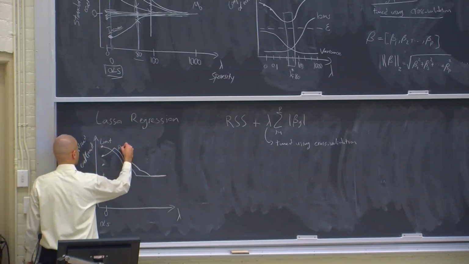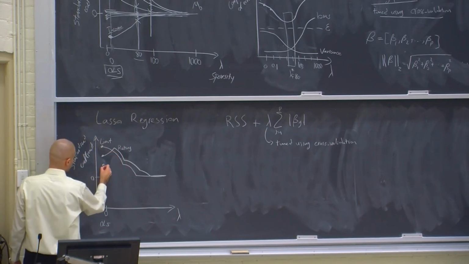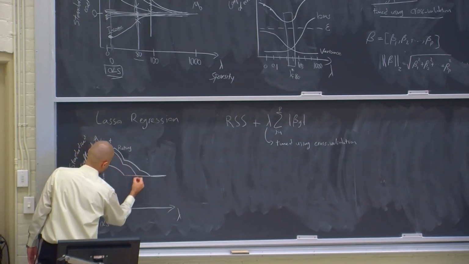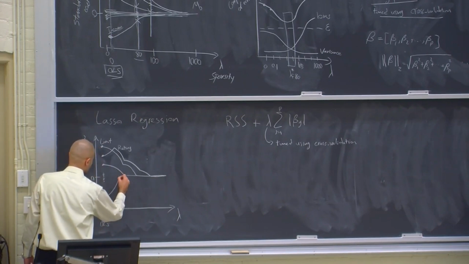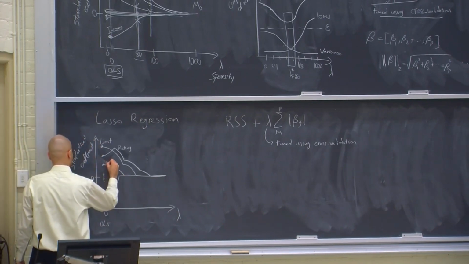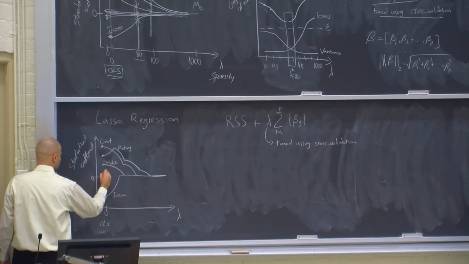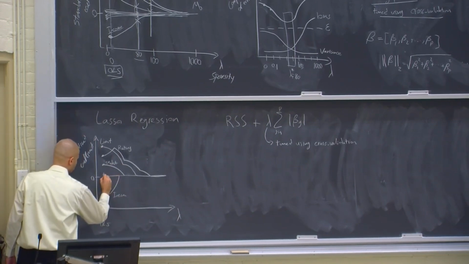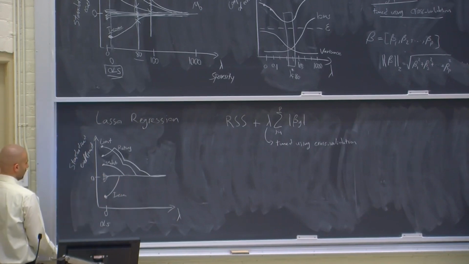This one is rating, credit rating, credit score. Student, something like this. And for income, and all these other ones, they shrink to exactly 0 very quickly. We get rid of them very exactly and very efficiently. That's the advantage of lasso regression.